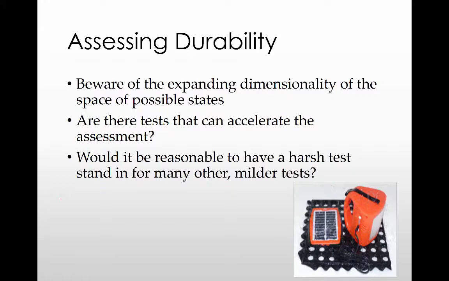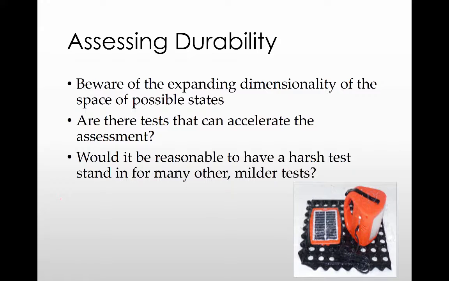Now, there is an important factor that I want to bring up, and I'm going to describe this in the context of measuring durability of our solar lanterns. In some cases, the dimensionality of a space of possible states you need to be concerned with grows very quickly. And let's talk about water resistance of a solar lantern.